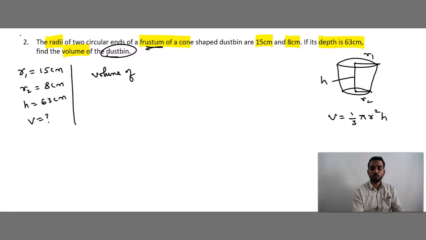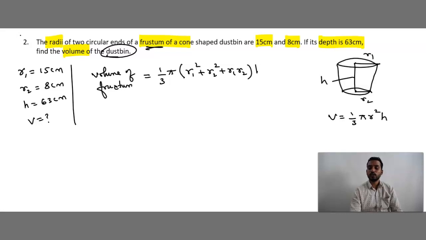So volume of frustum of a cone is equal to 1 by 3 into pi into r square, where r square can be written as r1 square plus r2 square plus r1 into r2, into h.